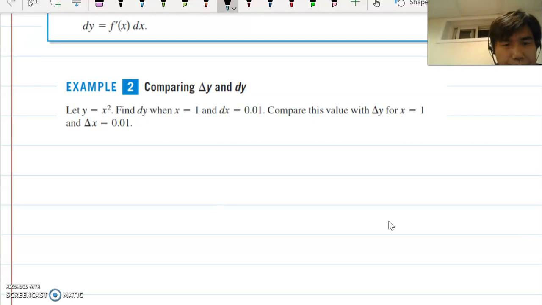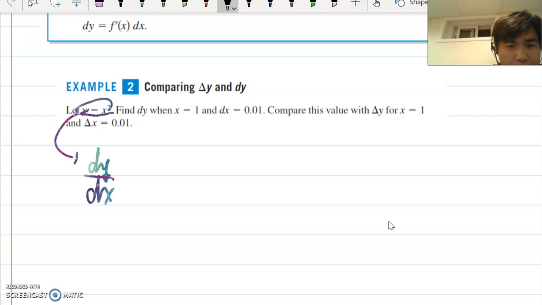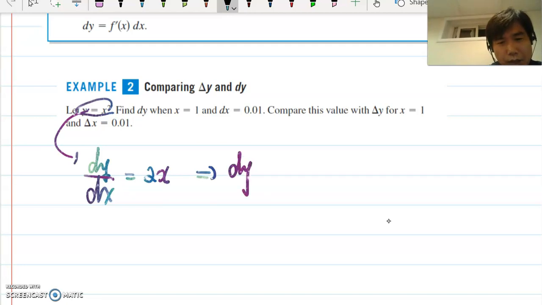To find dy, we take the derivative, so dy over dx equals 2x, right? After that, we can rewrite this as dy equals 2x times dx.